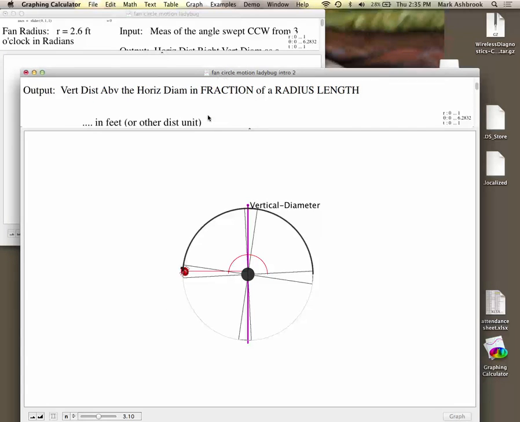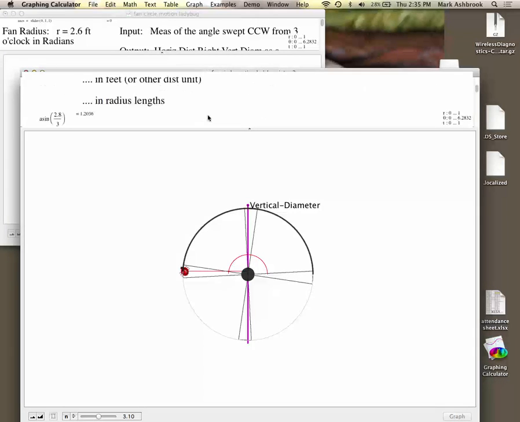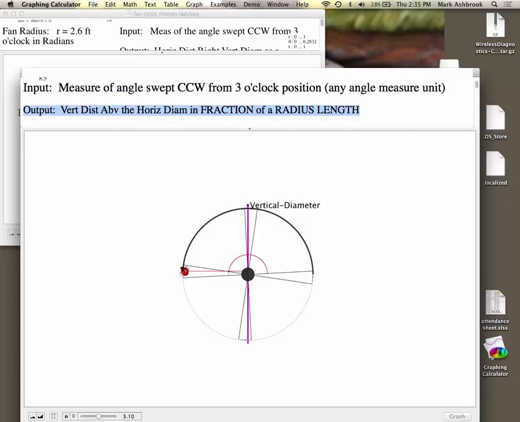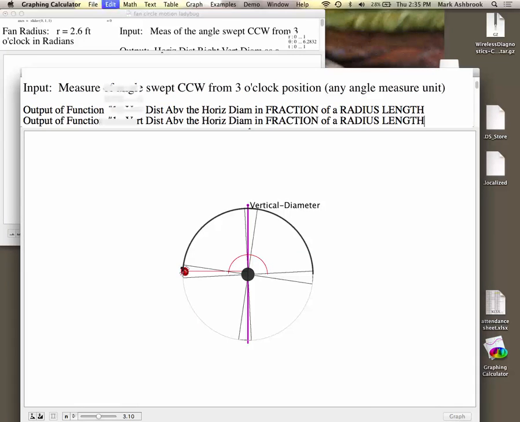So there's the first function, and then let's just copy and paste. So say output of function number 1, and then output of function number 2 is going to be, how do we change it?